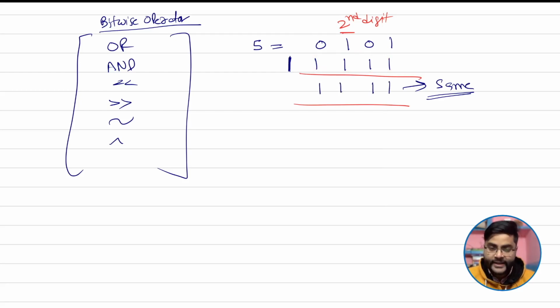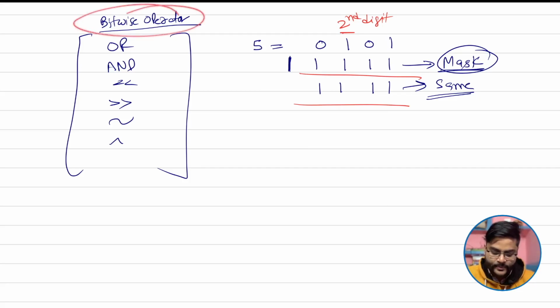So I need to think of something else. Using zeros and using all ones will not work, right? I need to do something else. By the way, this process we call a mask. I want to create a mask, and by using bitwise operators and creating a mask, I want to find the answer to my problem.